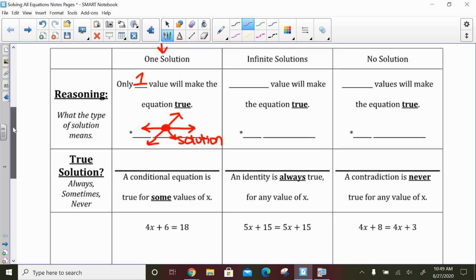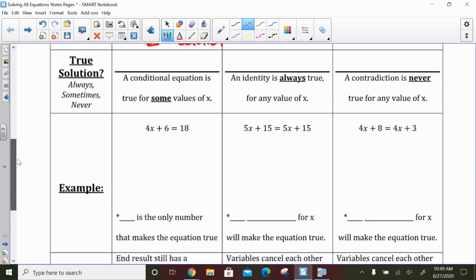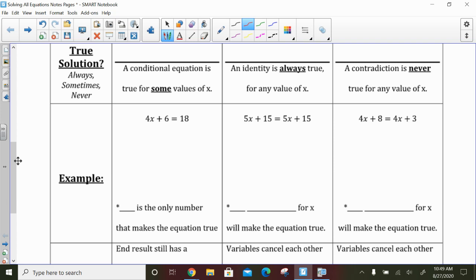If we look at this example down here, 4x plus 6 equals 18. We know how to solve that. We subtract 6 from both sides, so I get 4x equals 12, divide by 4, and x equals 3.